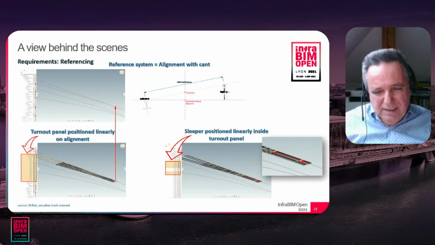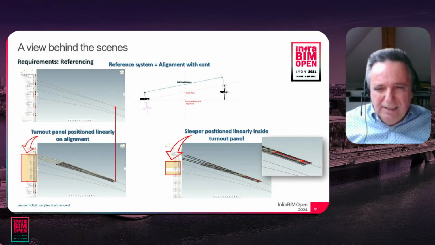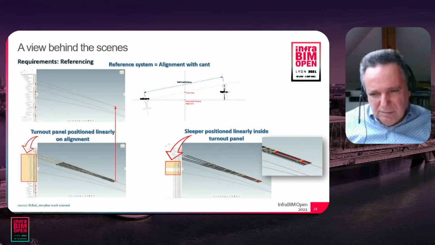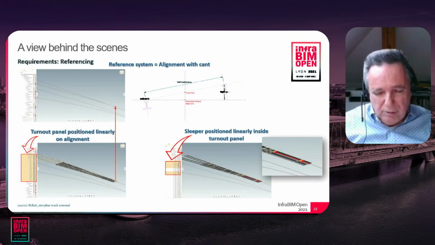That's one thing. And then the second thing is that we have some objects which are linearly positioned inside the panel, so that we need also a referencing system inside the turnout panel. That means that this example shows the requirement of nested linear referencing systems, which are currently available in IFC 4.3.